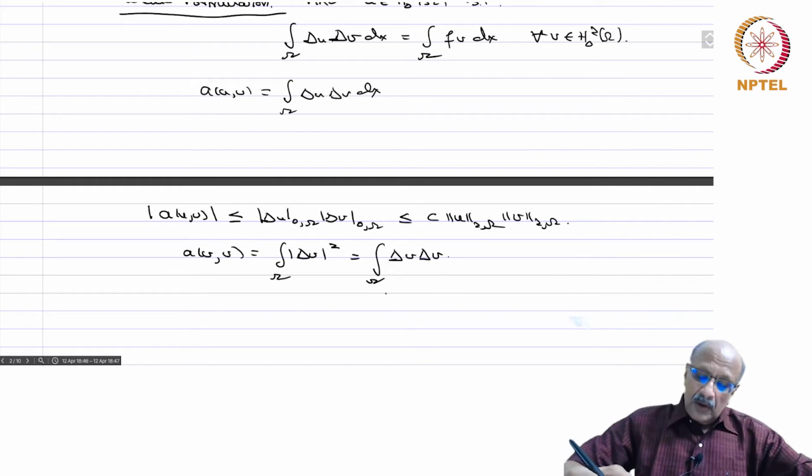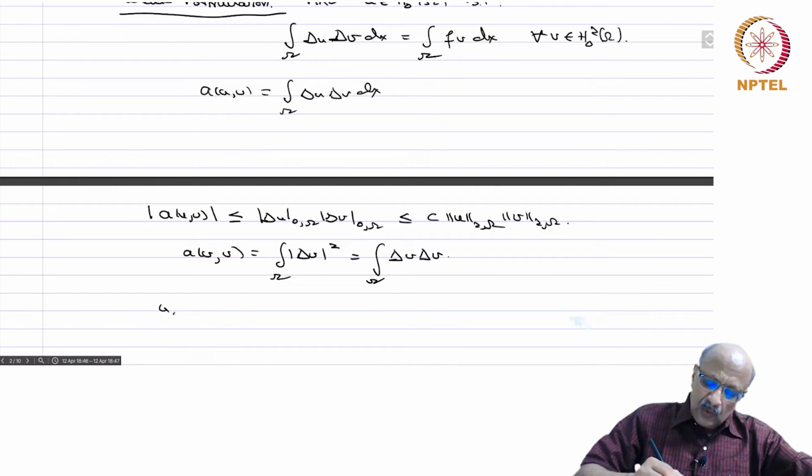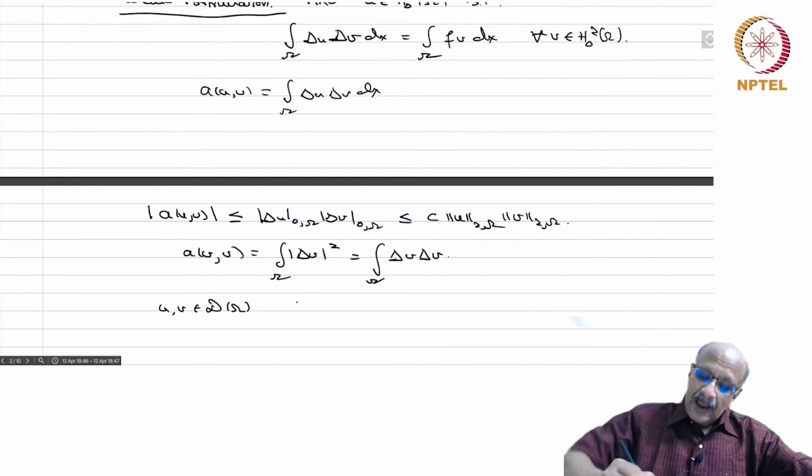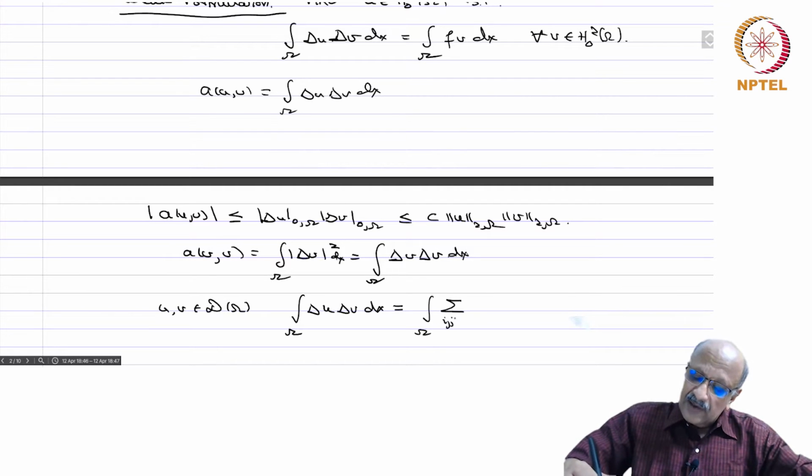Now we have seen, I have probably given this as an assignment: if you have u and v in D(omega), and you look at the integral of delta u delta v dx over omega, you can slowly transfer any derivative anywhere to either side, because everything is in D(omega), there will be no boundary terms, and this will turn out to be equal to the sum over i, j equals 1 to n of d2u by dxi dxj times d2v by dxi dxj.